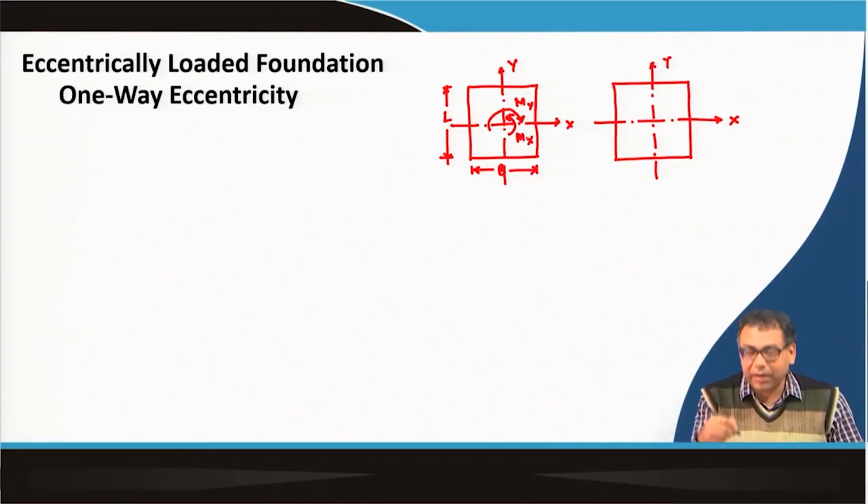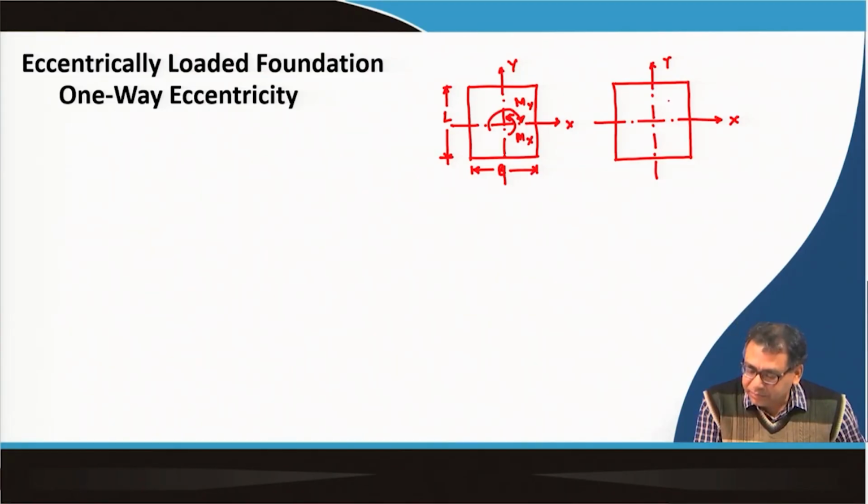Now, because M x and M y both are present, Q will act at this position with a distance E x, or sometimes we can write E b because it is in the width direction, and this one is E y or E l because it is in the length direction.